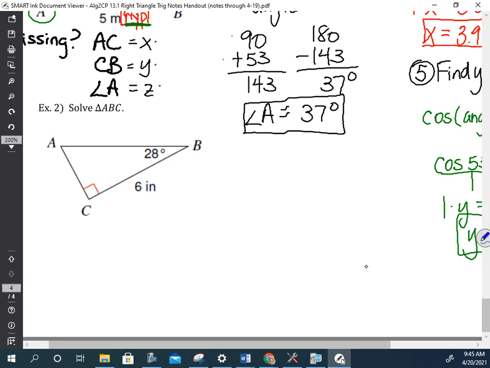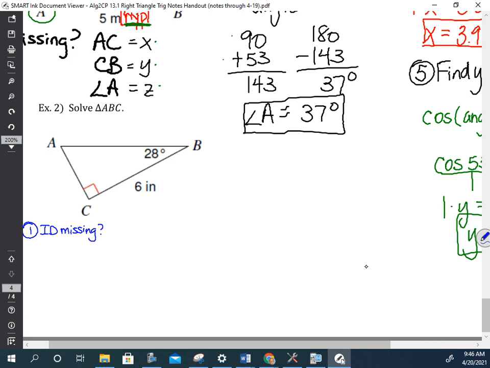Example 2. Solve triangle ABC. The first step is to identify what's missing. What don't we know?